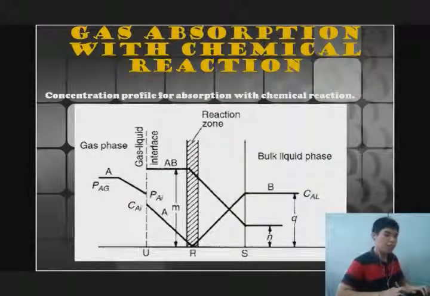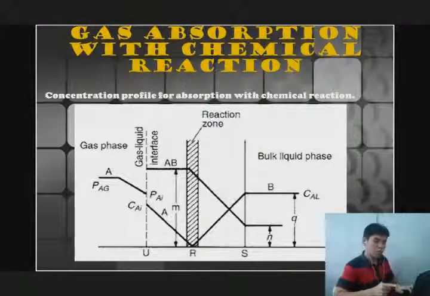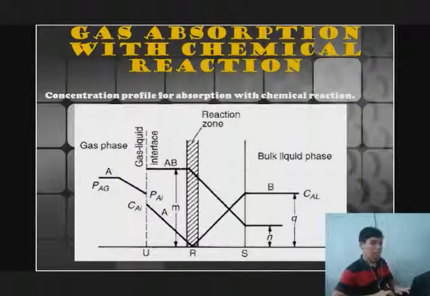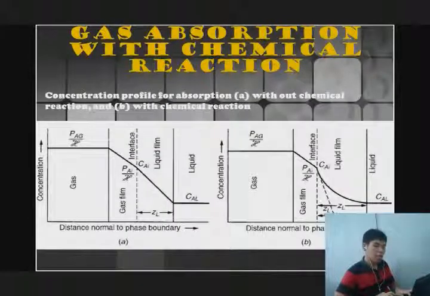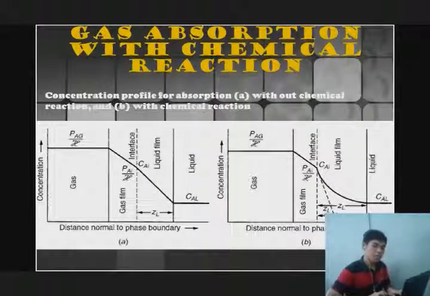The component B diffuses from the main body of the liquid to the reaction zone under a driving force Q, and the non-volatile product AB diffuses back to the main bulk of the liquid under a driving force M to N.